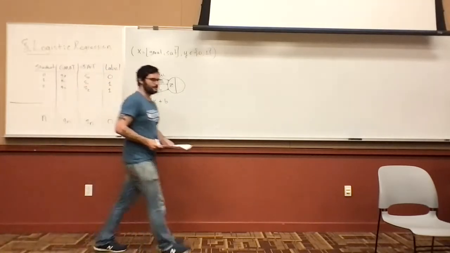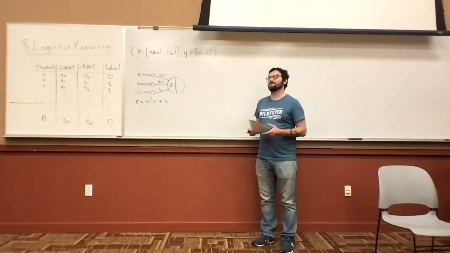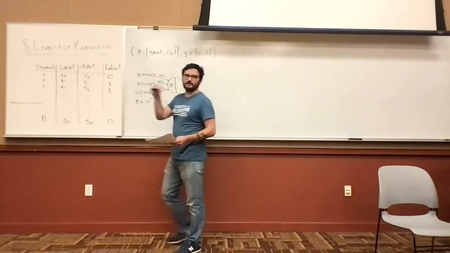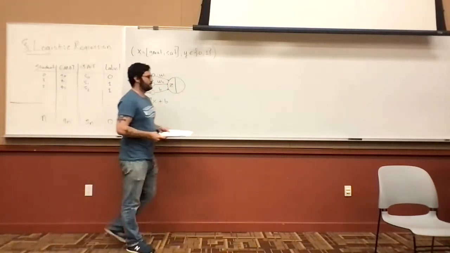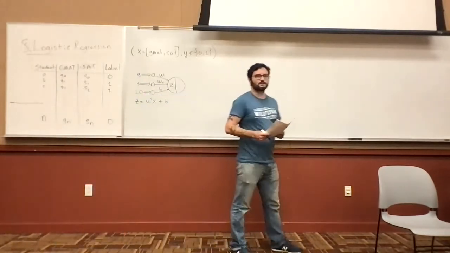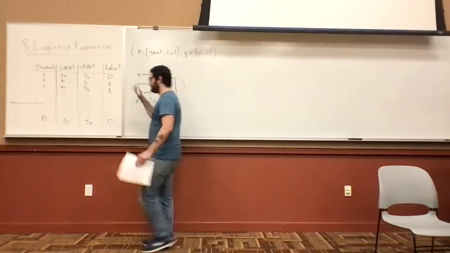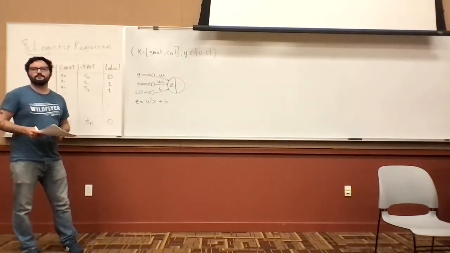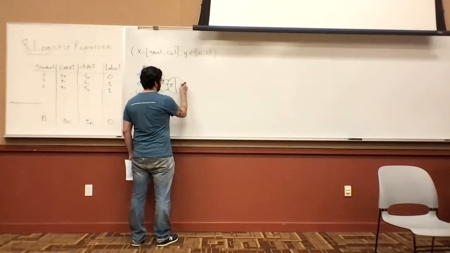Now, with the perceptron, the activation function was the step function, the sign. With linear regression, it was just the linear output. Well, now we want to output something in the interval between 0 and 1. We want a probability. So the function that we're going to choose as our activation will be sigmoid.